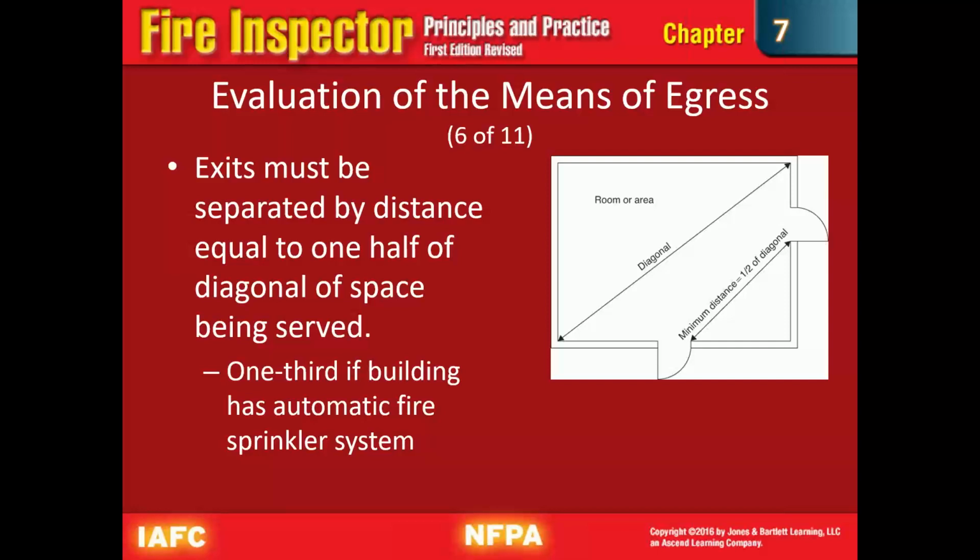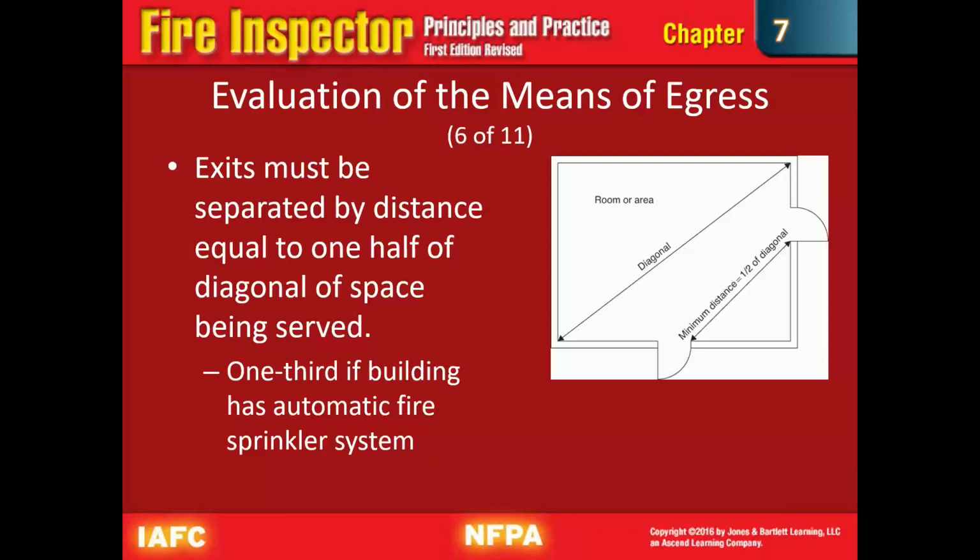And this is basically your room area where you can't have 2 exits right close to each other. What that ensures is that if there is a fire and it blocks off one exit, another exit is still accessible. It is a redundant safety factor. It's put in there so you have a second way out.